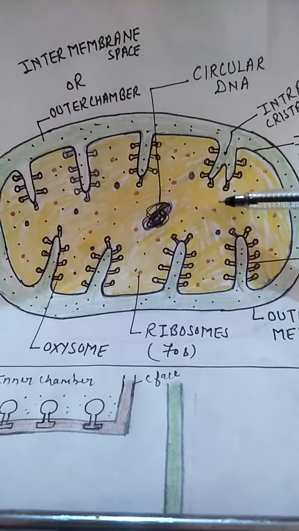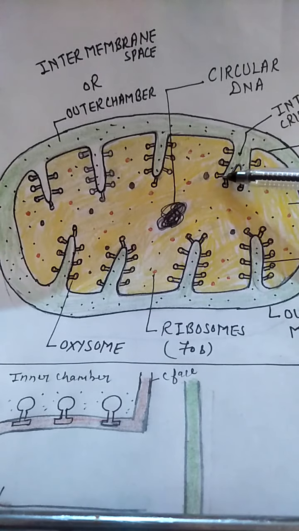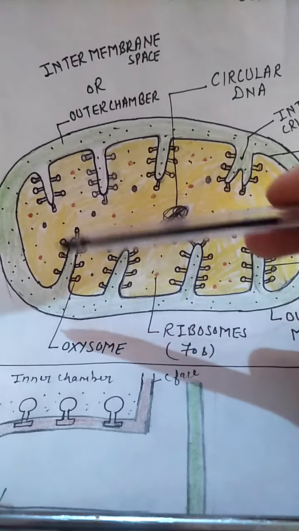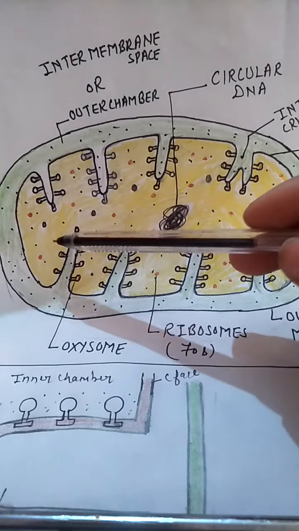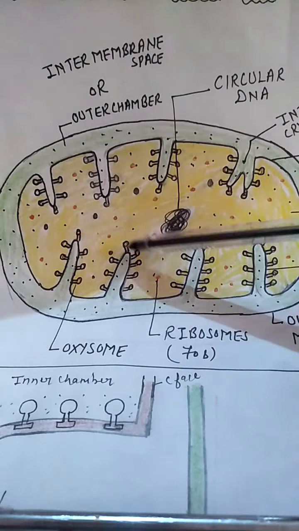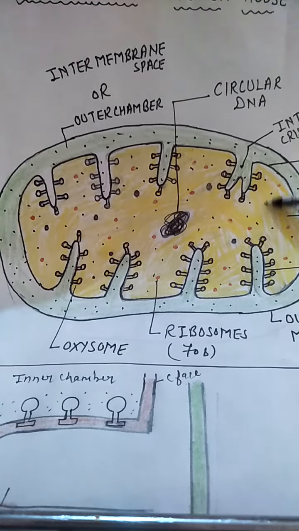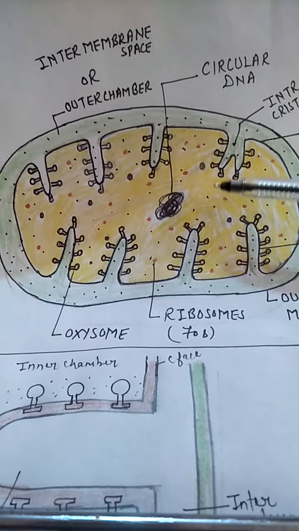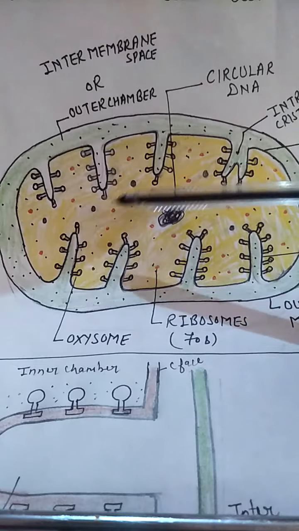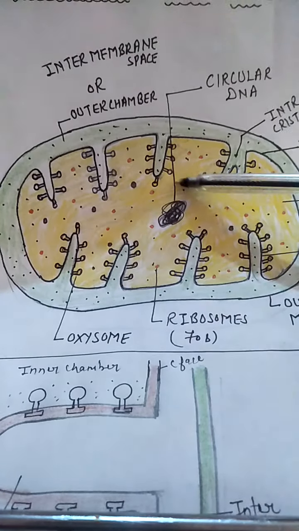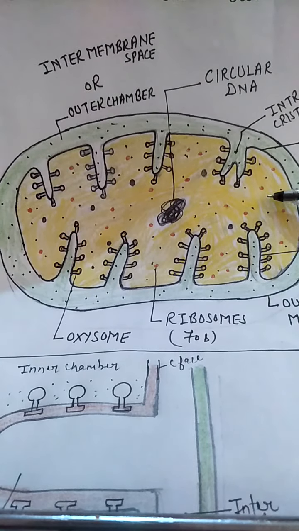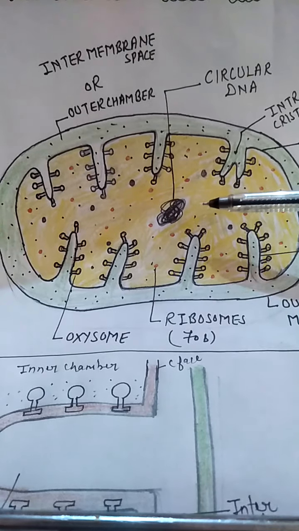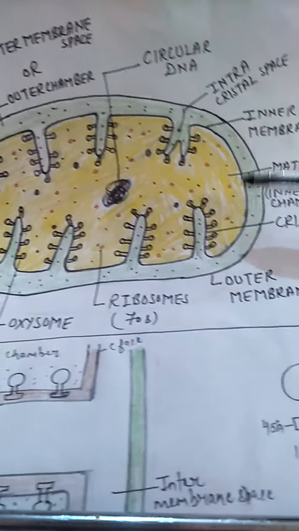Now, the space between these cristae is the inner chamber, or intercristal space. This inner chamber is filled with a jelly-like substance known as matrix.